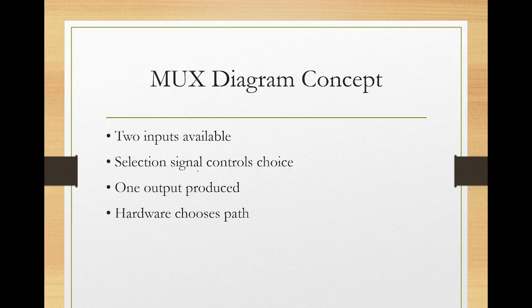Imagine you have two inputs A and B, one selection line and one output Y. Selection line is SEL. Two possible inputs, one output Y, one selection line.